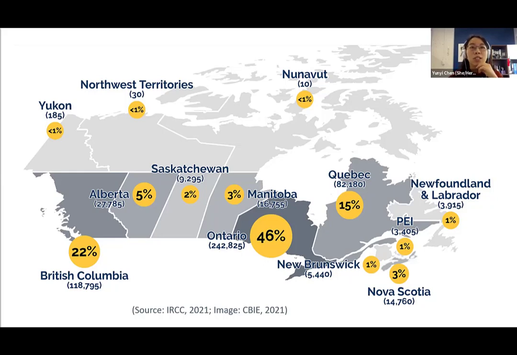So a lot of you did a good job either knowing the answers or guessing the numbers. So as we can see here, BC has the second biggest number of the international students, and the Quebec is ranked the third. Okay, so this is about the provinces and how many international students are there.